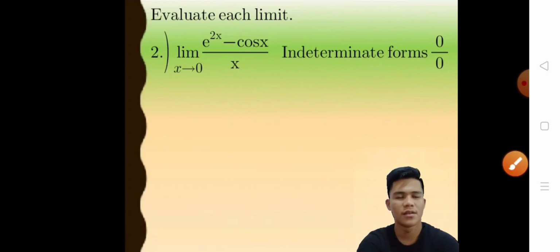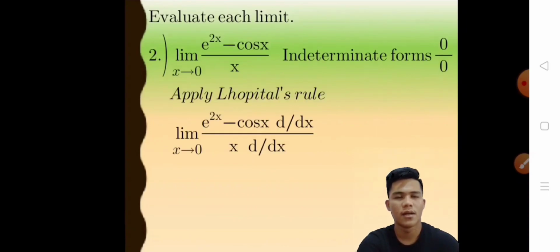Okay, so now let's proceed to apply our L'Hopital's rule. So we have the limit as x approaches 0 of e to the power of 2x minus cosine x over x, so we have to derive the numerator and also the denominator.